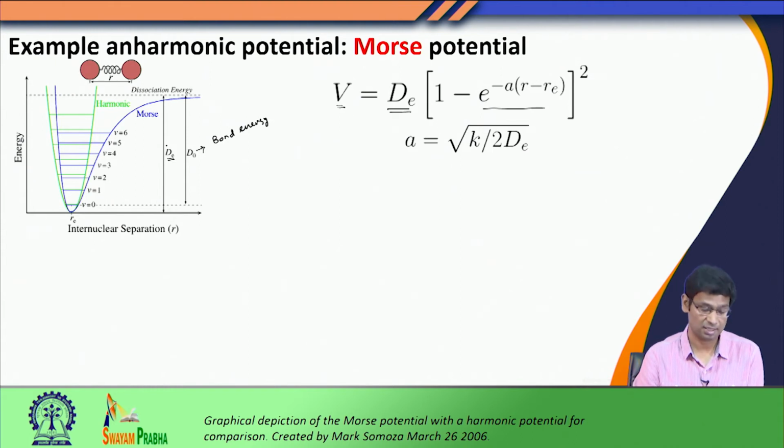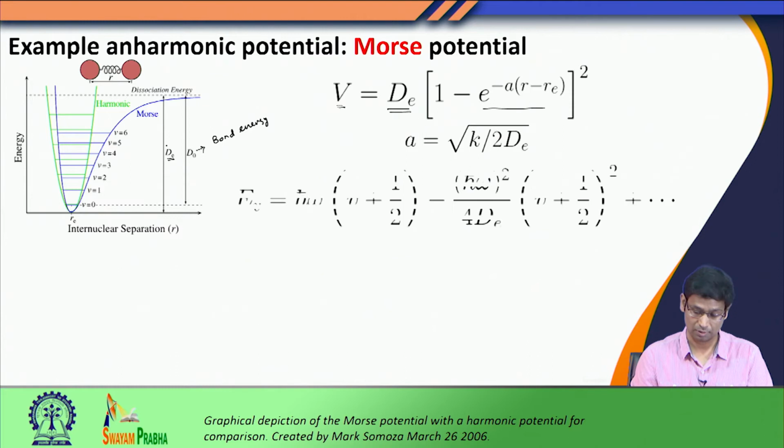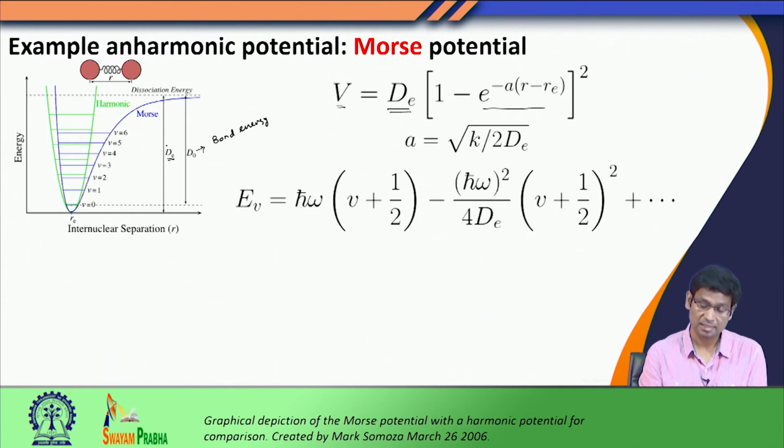The other interesting thing that comes about is the energy of the Morse oscillator. In the case of the harmonic oscillator, the energy expression was the first term alone, h bar omega into V plus half, but in the case of the Morse oscillator, we see there are some correction terms.